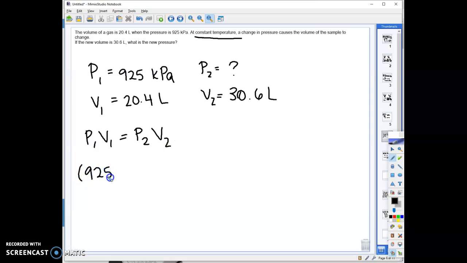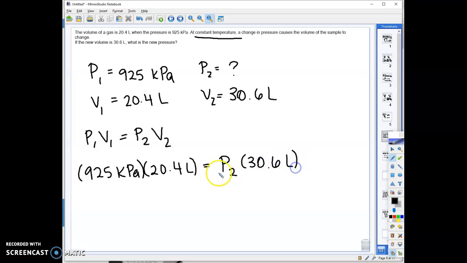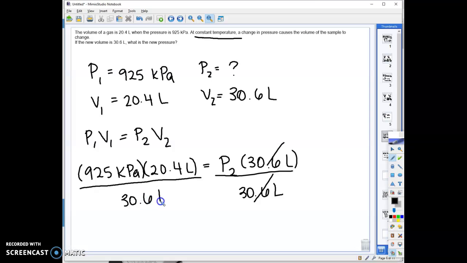So I'm going to plug in my numbers here. I'm looking for P2. And now I'm going to divide both sides by 30.6 liters. My units of liter will cancel out. I'm left with units of kilopascals, which is a pressure unit, so I've got my problem set up correctly.